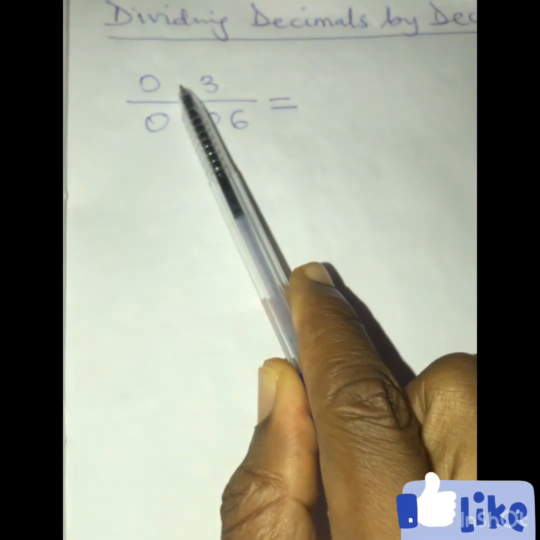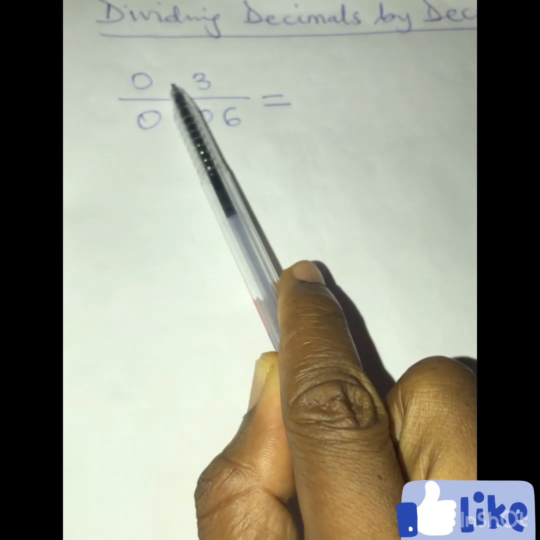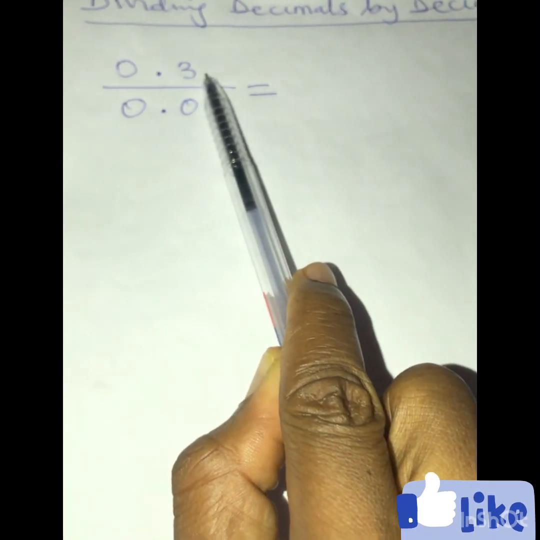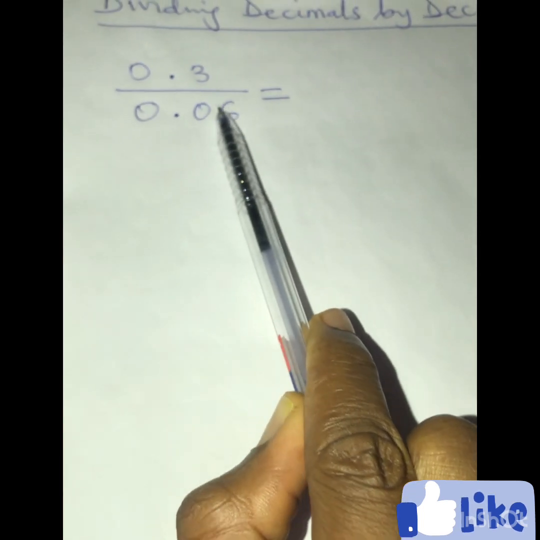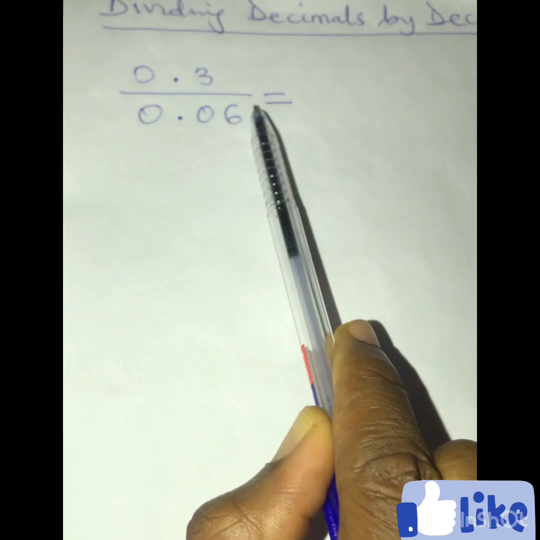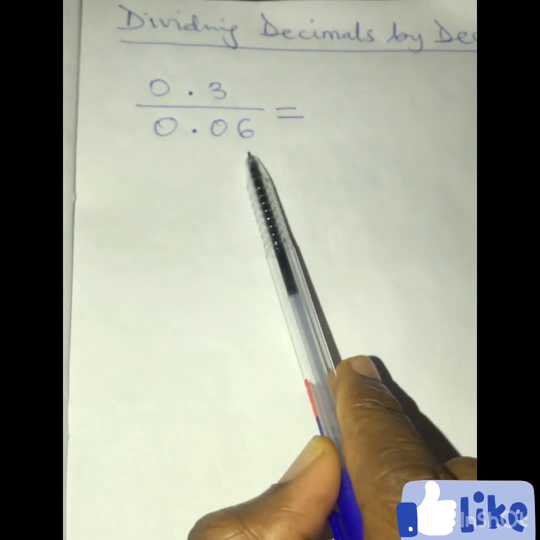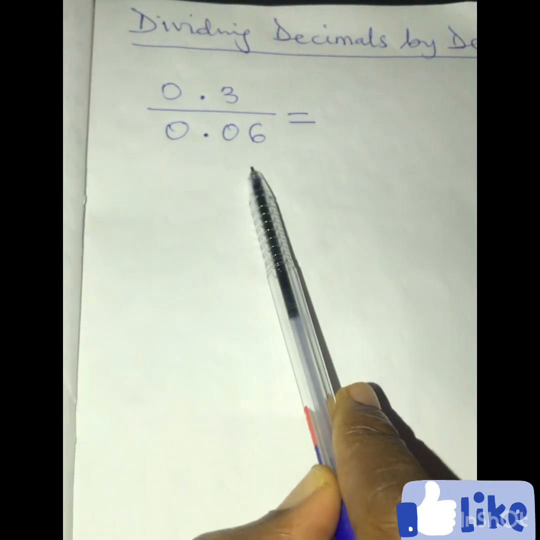The one on top has just one decimal place. That means you're moving just once to the right. While the one beneath has 1 and 2. That means this has 2 decimal places. So we're starting with the one that has more decimal places, which is the denominator.